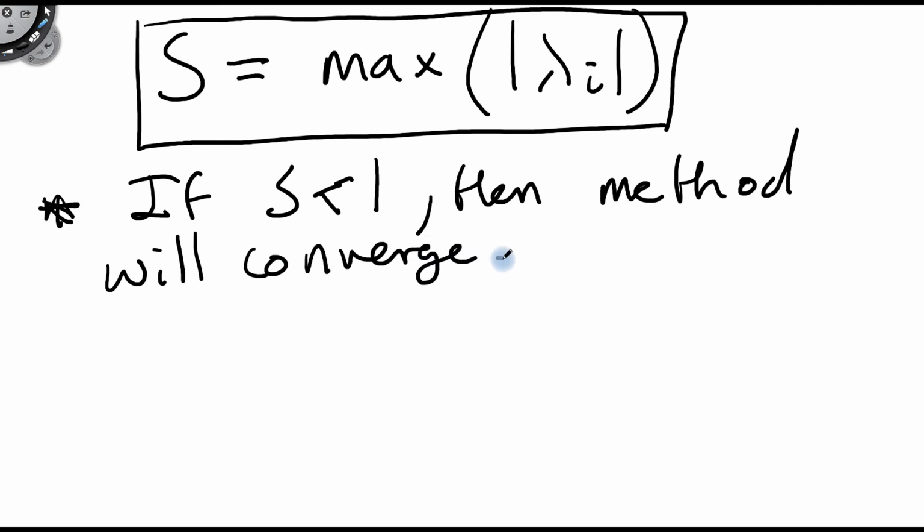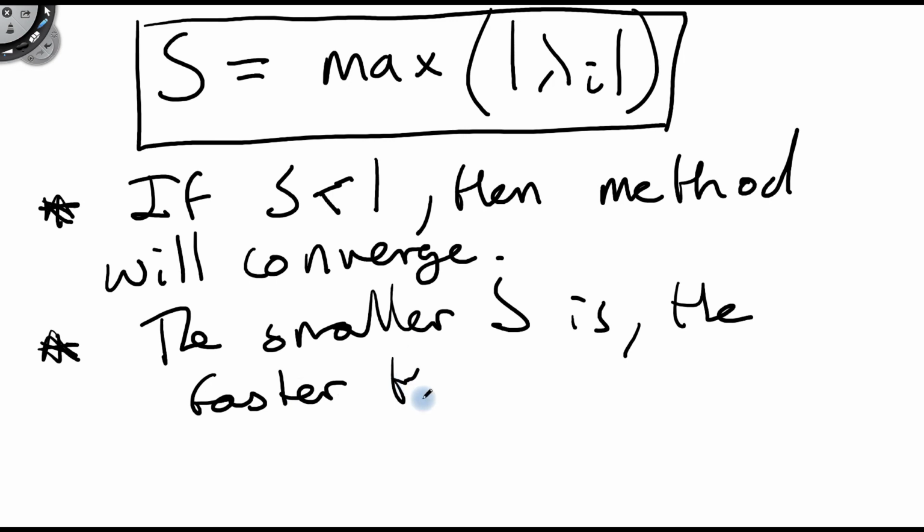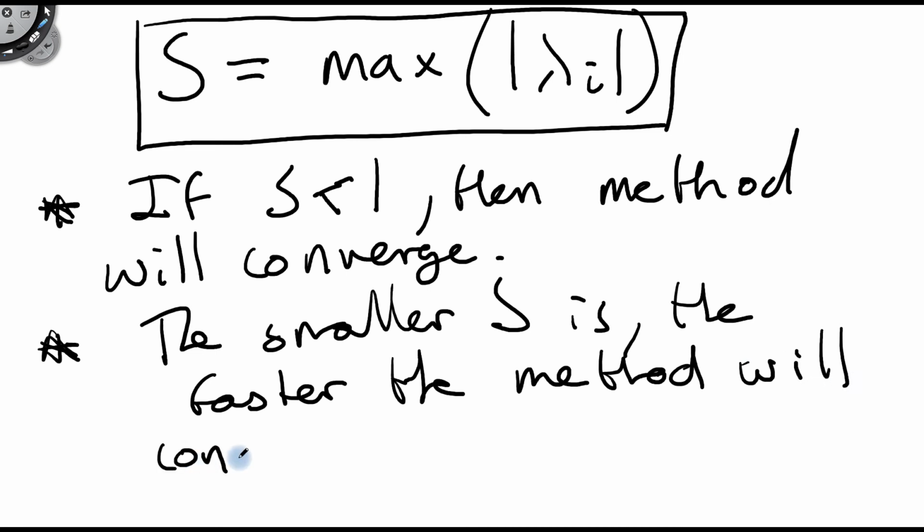So that's the first thing. You need S less than 1 to ensure convergence. And the smaller S is, the faster the method will converge, the faster the error will go to 0.